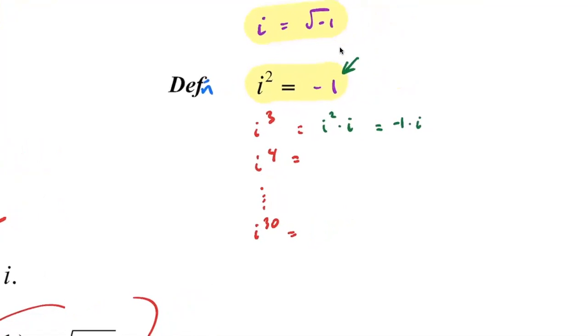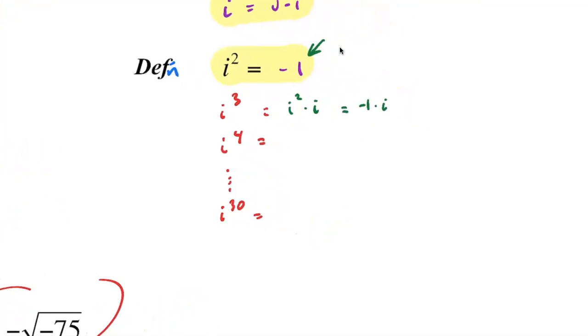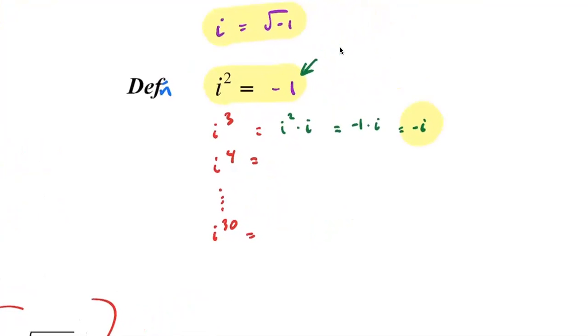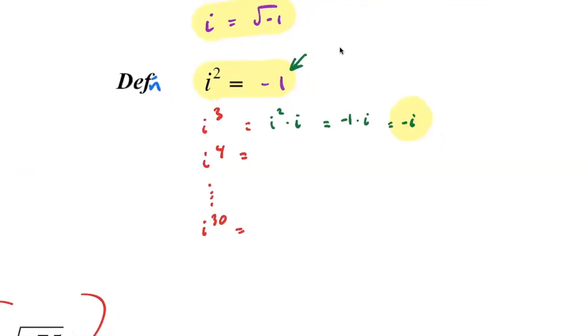So i to the third is -1 times i, that becomes -i. Then i to the 4th, using similar logic, is i squared times i squared, because by the property of exponents, we just add the powers. Well, i squared is -1, so we have -1 times -1, and that becomes 1.